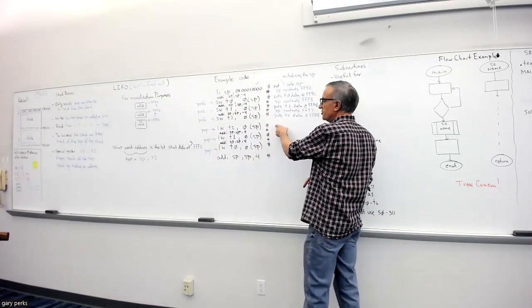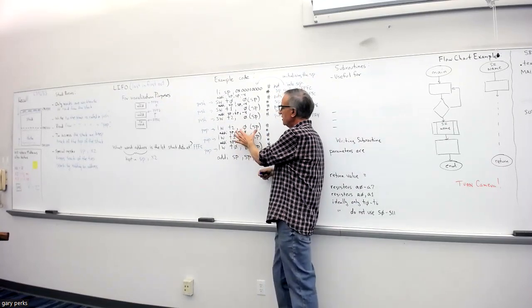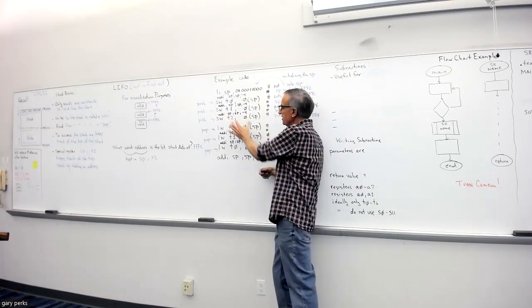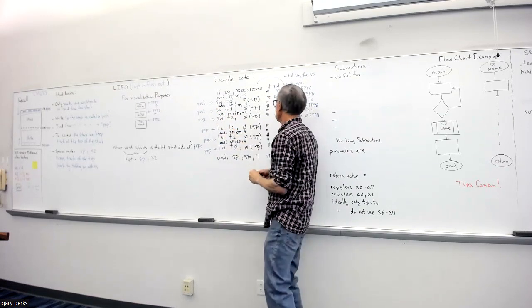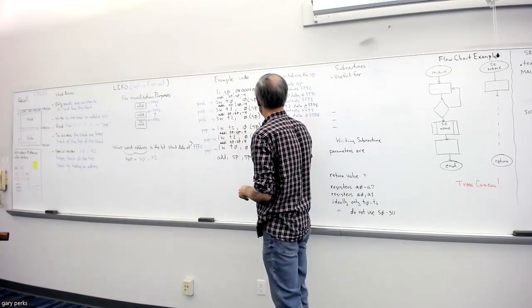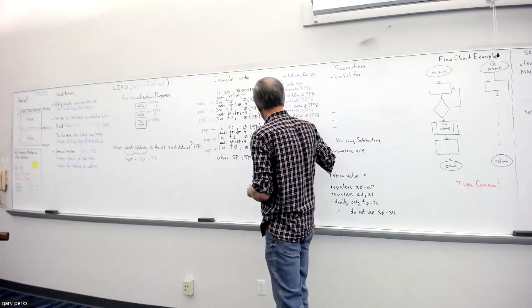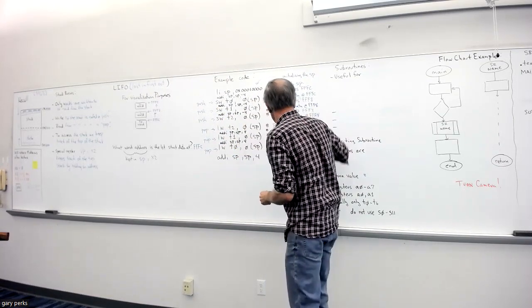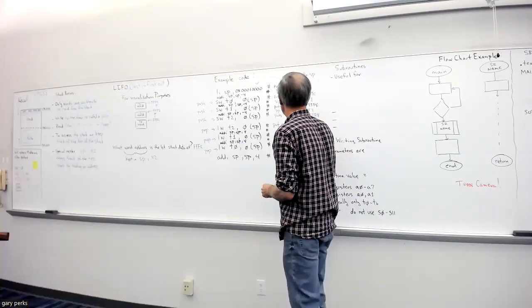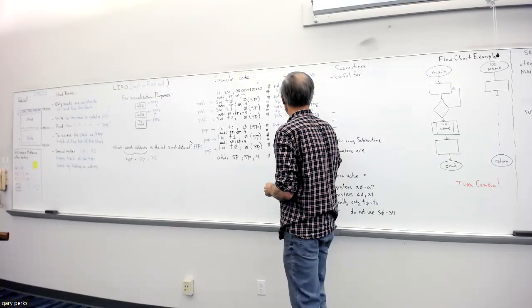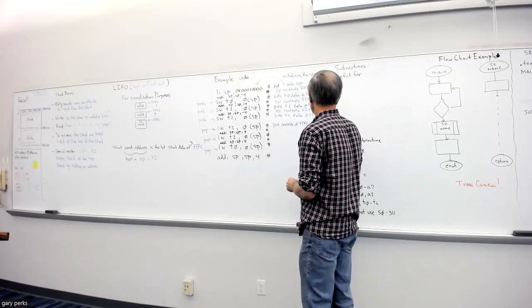So this instruction is just going to take the contents from the stack at this address and put it into this register T2. So this is going to put contents at 4 into T2.